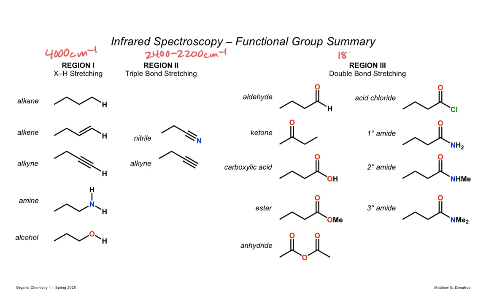And then region 3 is 1,800 to about 1,600. The spectrum goes to 500, but really anything below 1,500 we just ignore because then it gets a bit too complicated for us.